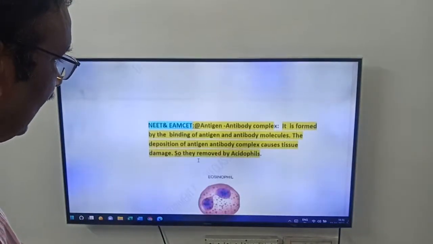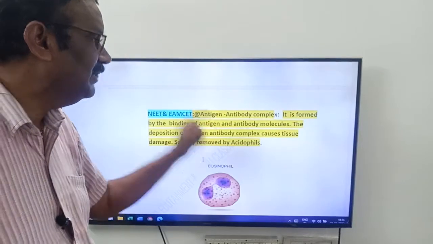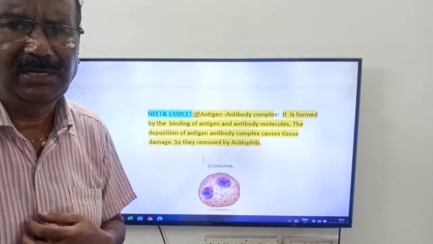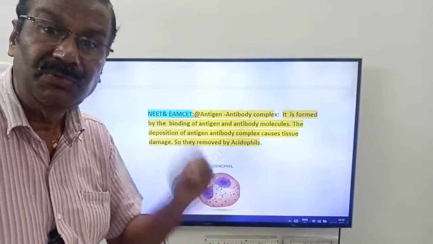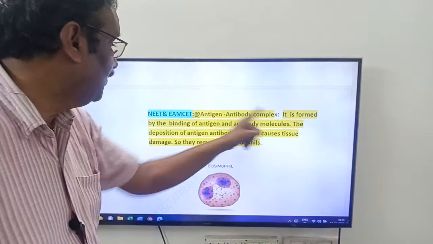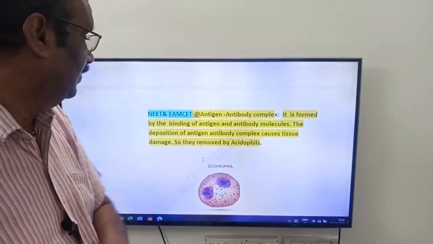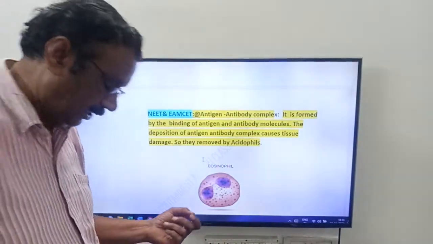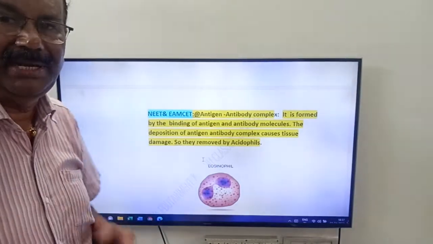Now see, friends, what is antigen-antibody complex? It is formed by the binding of antigen and antibody molecule. Antigen is a foreign particle. It may be a virus, it may be a protozoan. The deposition of antigen-antibody complex causes tissue damage.